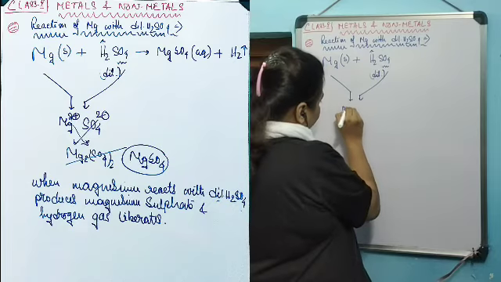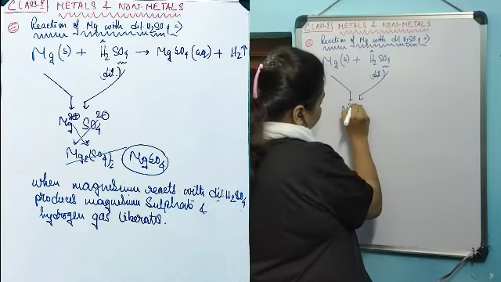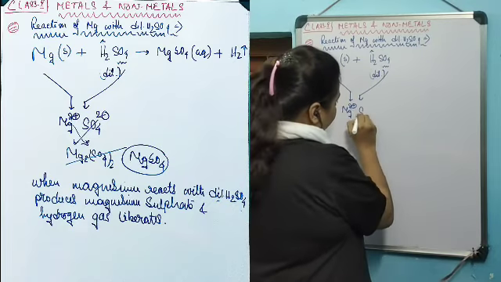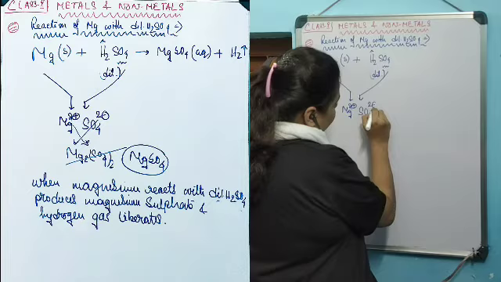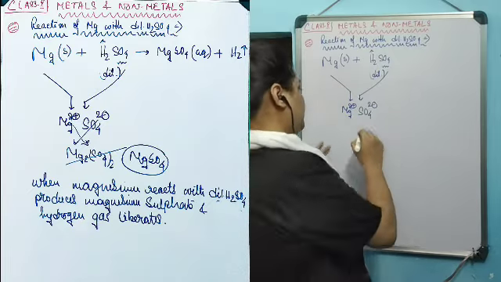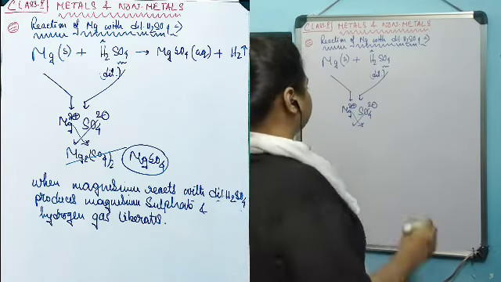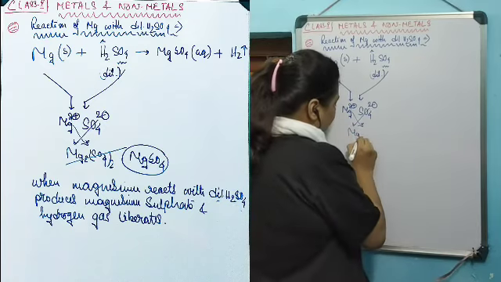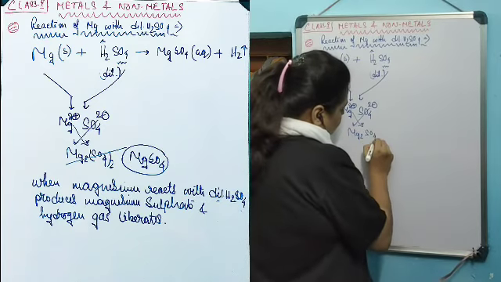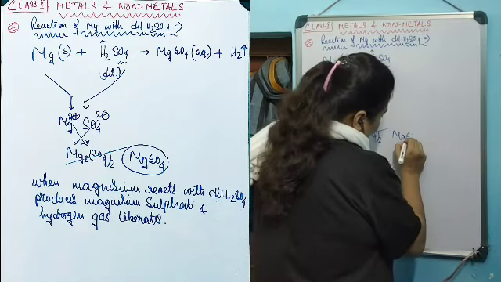Now, magnesium in the ionic form creates Mg2+, and SO4 2- is my anionic radical. By interchanging their numerical values of charge, you will find Mg2(SO4)2, that is MgSO4.